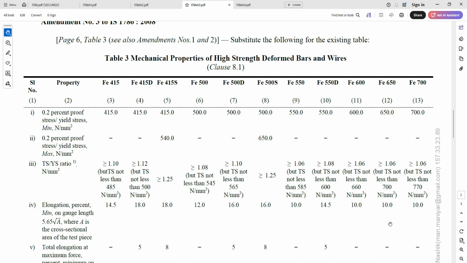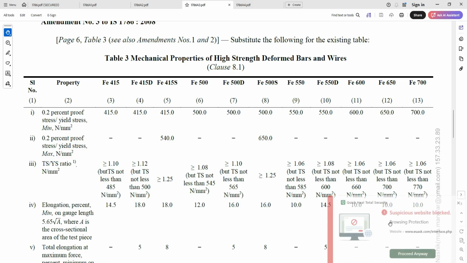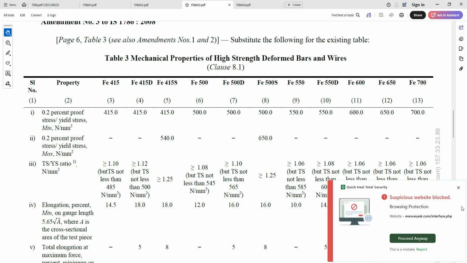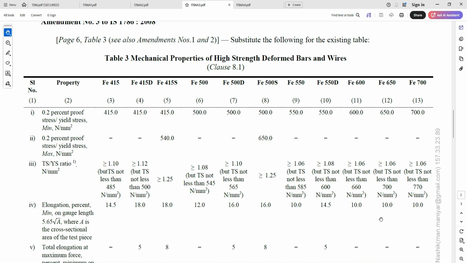So it is significant. Of course, you are using a good quality ductile reinforcement. Criteria are slightly better, but how much better are they? They are not really better, because Fe550D is giving you 14.5% elongation as per 1786.